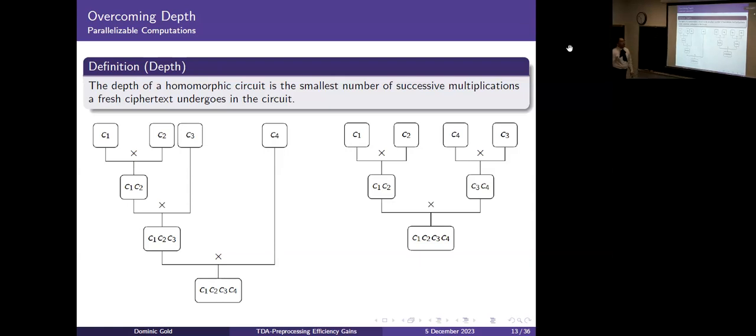Versus if you thought of this as a binary tree, that is, if you utilize parallelization, you can perform C1 times C2 and get the product, and C3 times C4 and get the product. And then finally multiply these two products together, and now you only have a depth of 2, not depth 3. So depth is another one, and the way we overcome that is through parallelization.